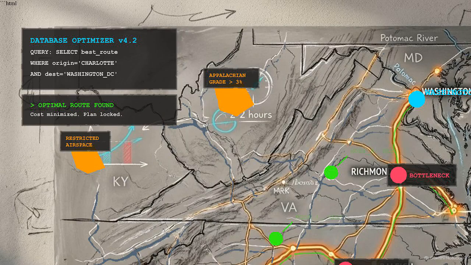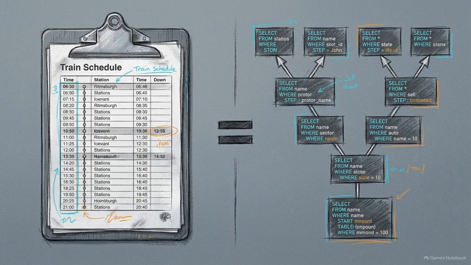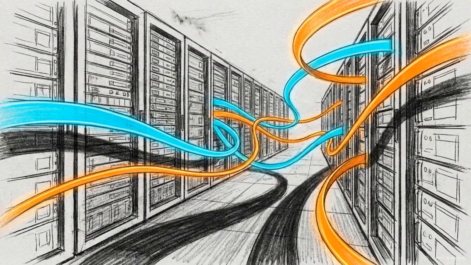By weighing those costs, they figure out the exact sequence of track switches needed to get you there. That carefully calculated train schedule and sequence of switches is exactly what an execution plan represents inside a database. Retrieving complex data is ultimately an automated logistics problem, focused entirely on finding the path of least resistance.